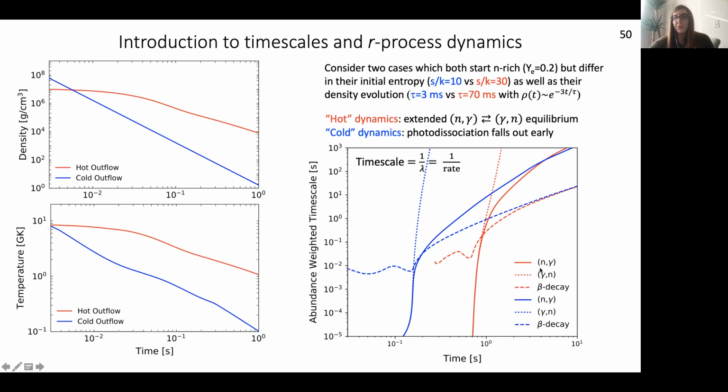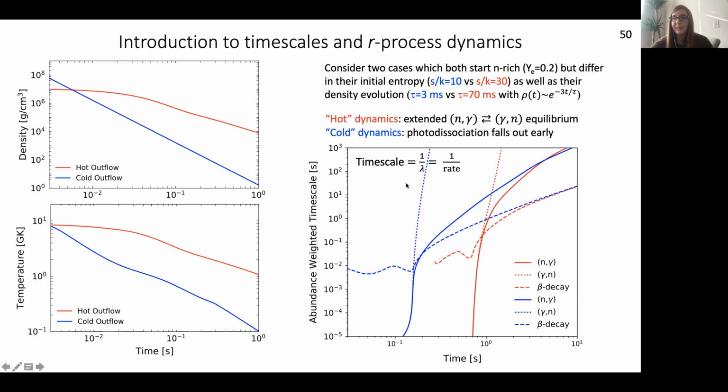So first, let's take a look at the hot case. The solid line is (n,γ), it's neutron capture. The dotted line is photodissociation. And you can see that you have this period of long (n,γ)-(γ,n) equilibrium. These two are competing, they're equal, they're together for a long period of time.